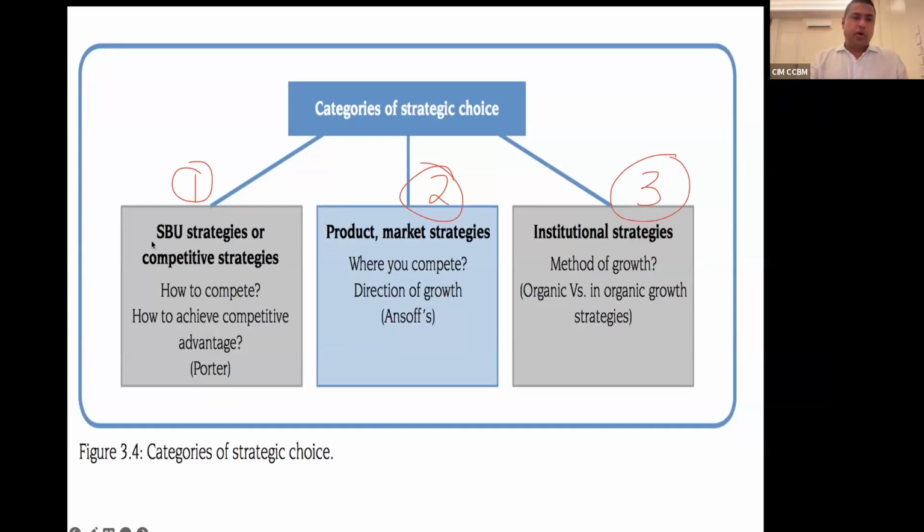We call them what we call strategic business unit strategies, SBU strategies. Another term is competitive strategies. So competitive strategy, the author who introduces competitive strategy is a guy called Michael Porter. So he has the Porter's generic strategies.